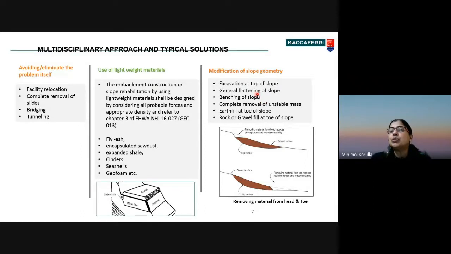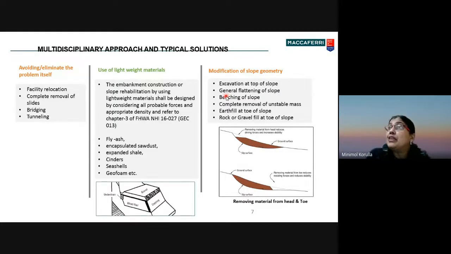Okay. So for the modification of slope geometry, if we are excavating the top of the slope, will it help the slope stability or will it disturb the slope stability? Anyone? It will be increasing the slope stability, the factor of safety, because we are reducing the driving forces.